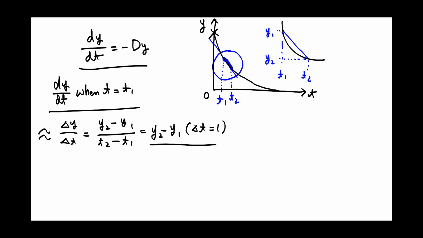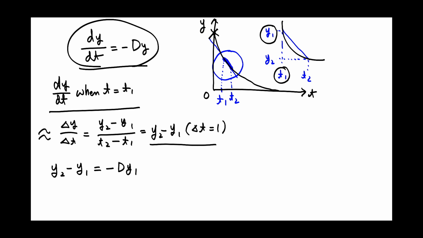If you go back to this equation and plug that slope into it, this is what we have: y2 minus y1 is equal to minus D y1. Why y1? Because we are interested in time t1, and at that point, our y value is y1.